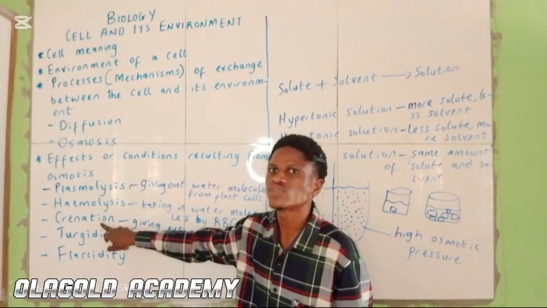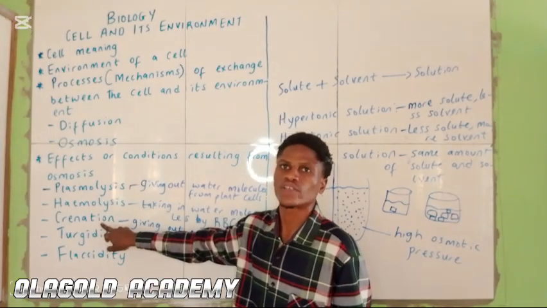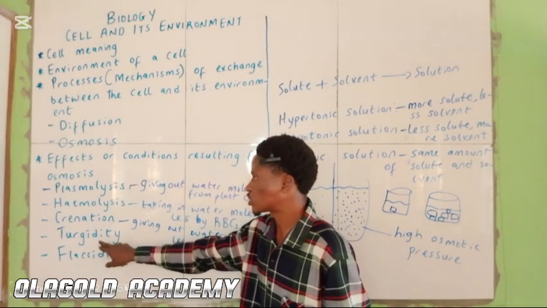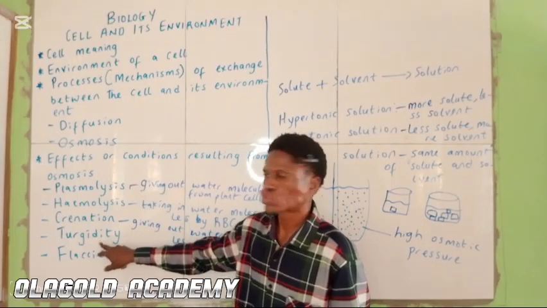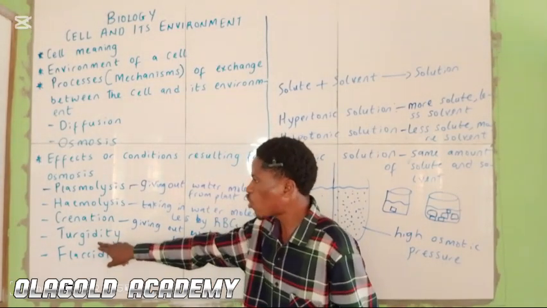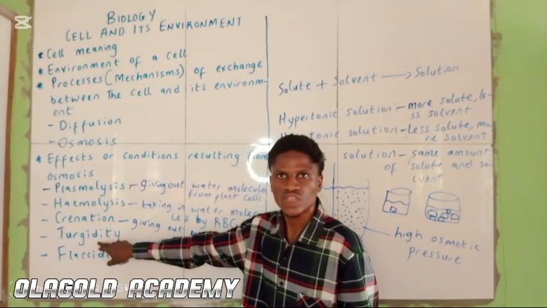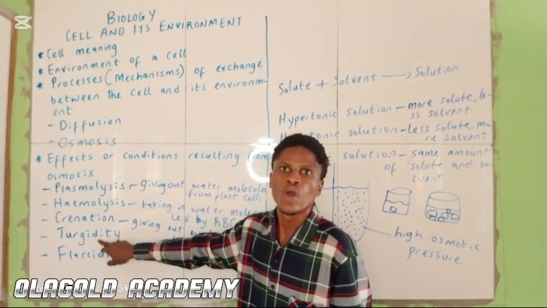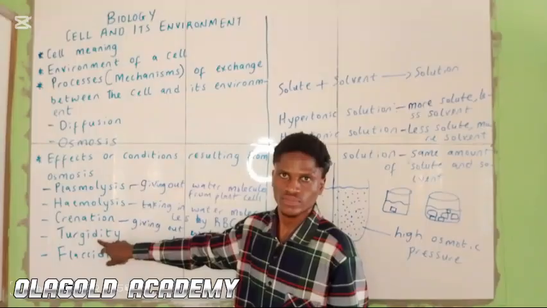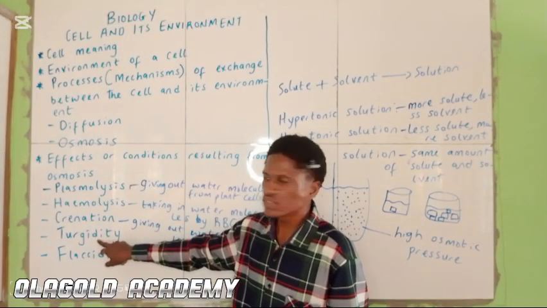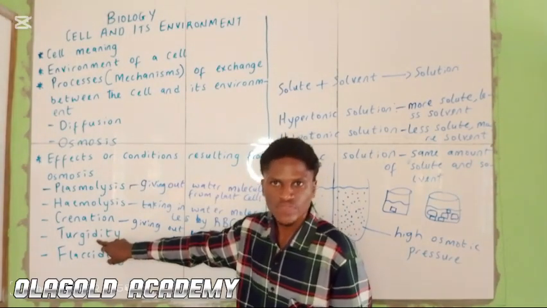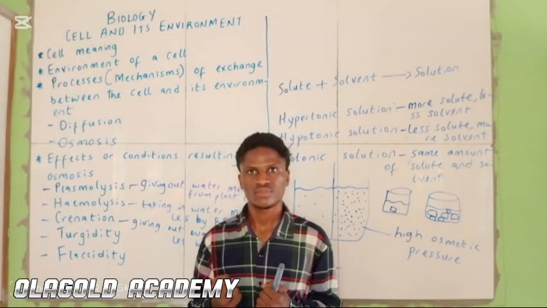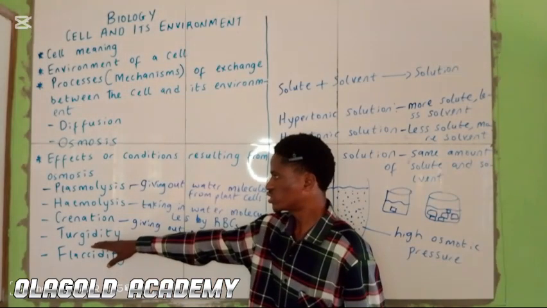Why? Animal cells have no cell wall. Plant cells have a cell wall, so the cell wall prevents the plant cell from bursting. Rather, when plants are taking water, it helps them to become rigid. Alright, that is for turgidity.